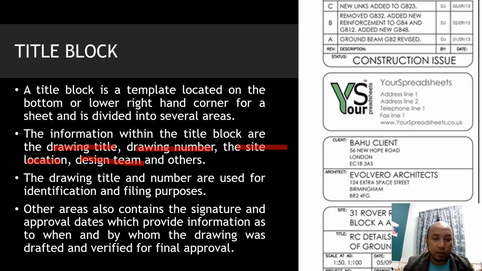The drawing title and numbers are used to identify the filing purpose. The area also contains the signatures, approve date, approve information, and by whom the drawing was drafted and verified for the final process. So you can see the title block.